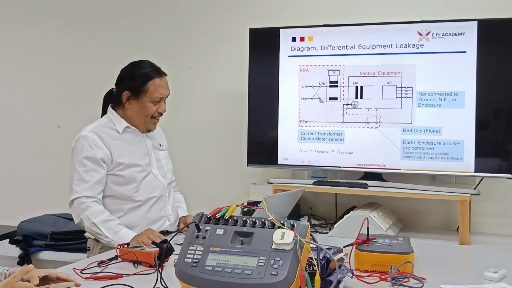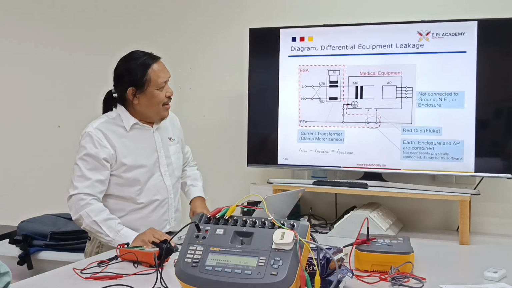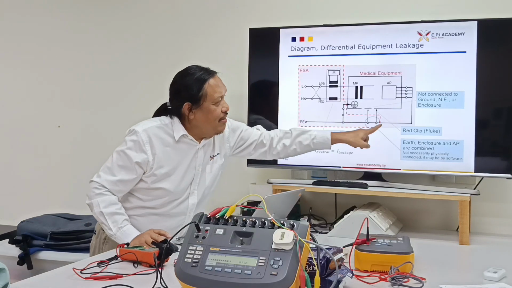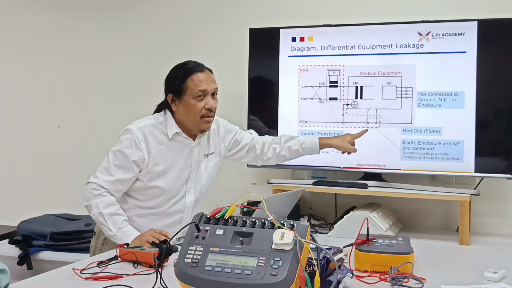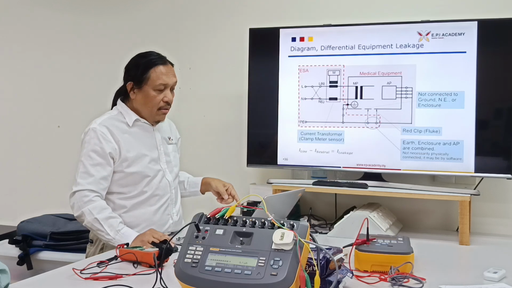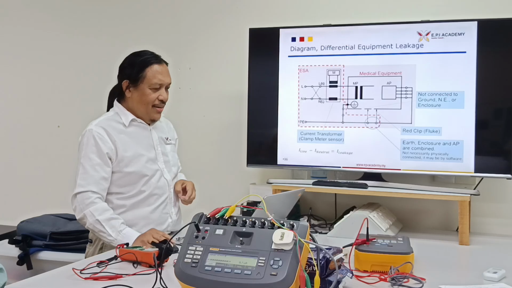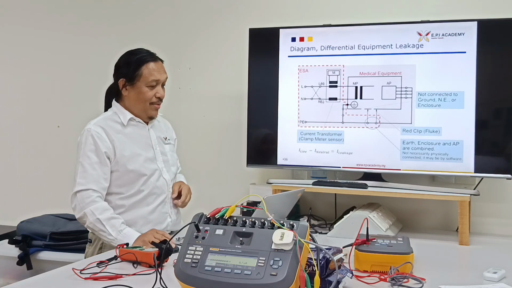Connect the non-earth with earth. This is the earth. They connect patient leakage, non-earth or enclosure, all connected together. Why? You forgot something. It's just a few minutes ago.